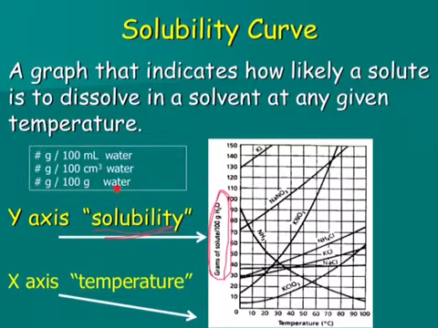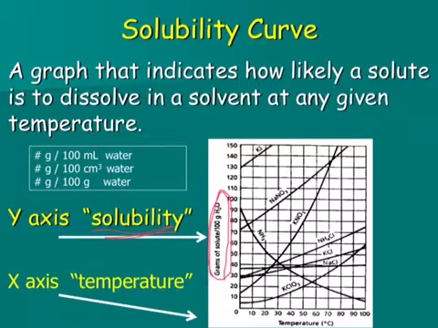You might see any of these as your units over on that y-axis because these are all the same. Since the density of water is 1, 100 milliliters is exactly the same as 100 centimeters cubed, which is exactly the same as 100 grams of water. Just always pay attention and make sure that you know how much water you're talking about. Most of the time they'll give you 100, but not always.